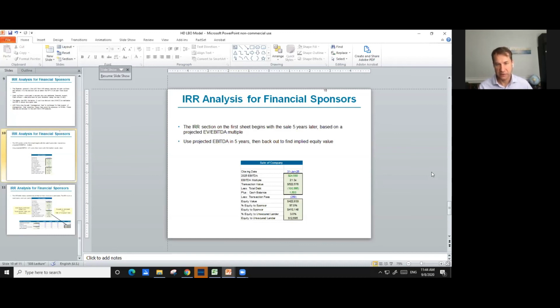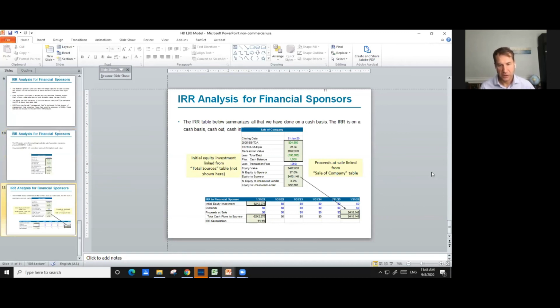That'll give us equity value, and then 97% of that will go to the sponsor, 3% will go to the unsecured lender, and IRR is actually calculated based on two numbers: the initial outflow, which comes from the uses table, the initial equity investment there, and then the inflow will be the equity to sponsor in the final year of the LBO period.